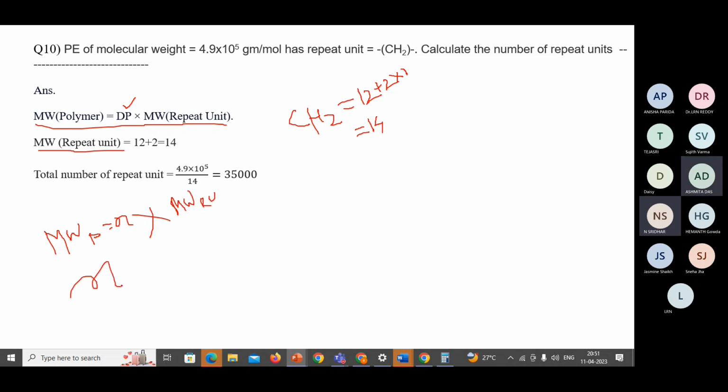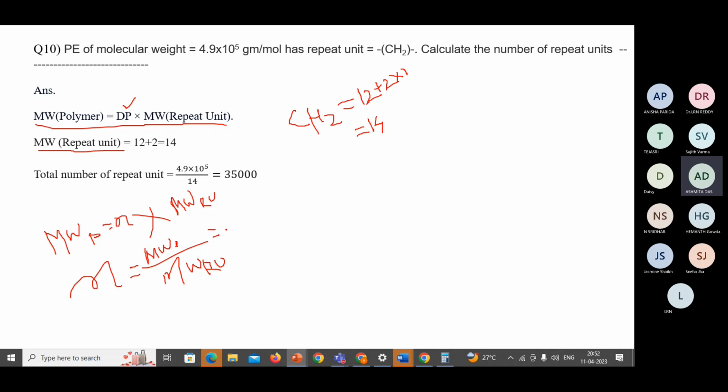So N equals MW polymer divided by MW repeat unit.